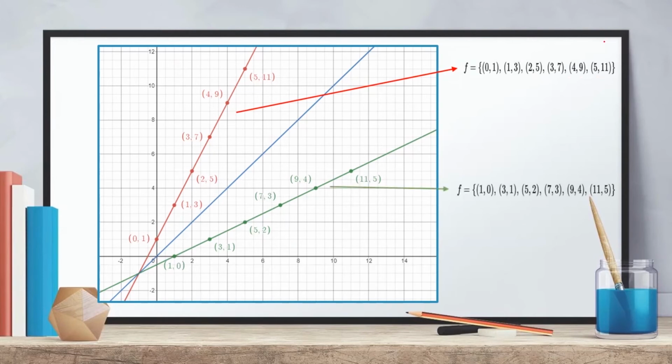On the other hand, this is the graph of the inverse of the original function with ordered pairs (1, 0), (3, 1), (5, 2), (7, 3), (9, 4), and (11, 5). Notice that the graph of the inverse is actually a mirror image of the original function with respect to the line y is equal to x.